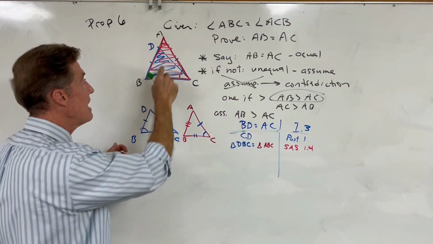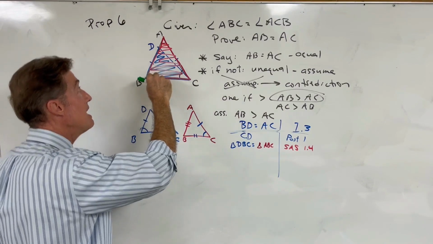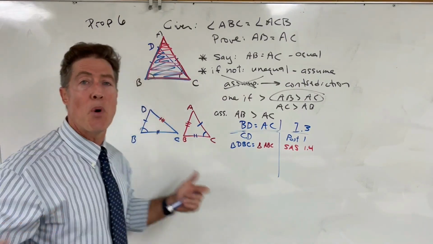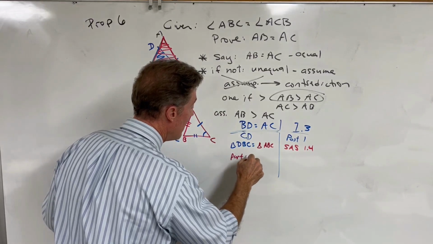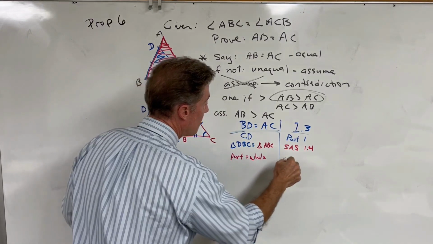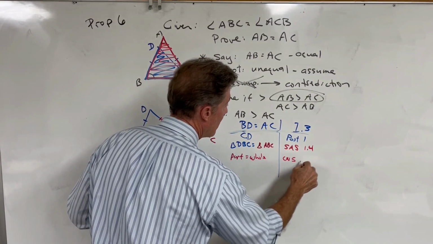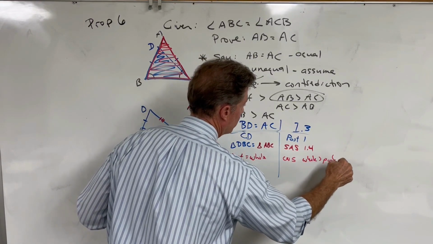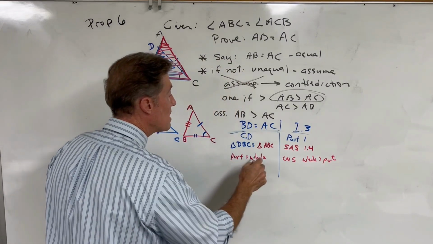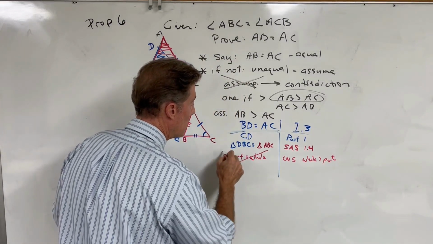So we're basically saying that the part is equal to the whole. Can the part be equal to the whole? No. But that's what we're saying. But we know from common notion 5 that the whole is always greater than the part. So this is a contradiction.